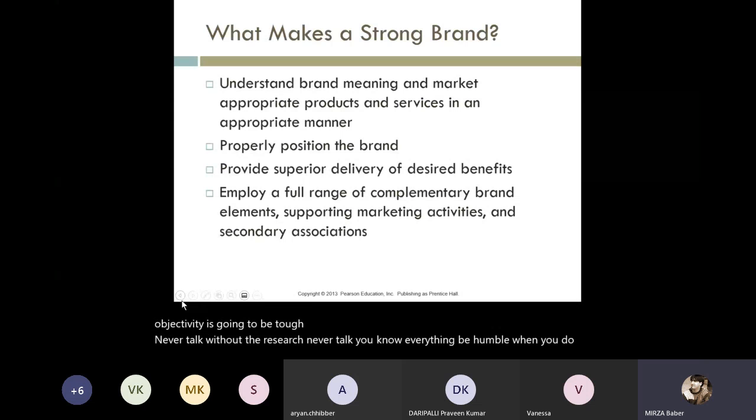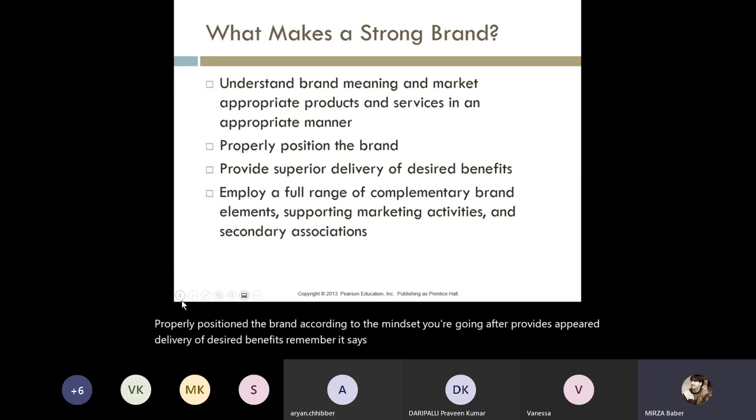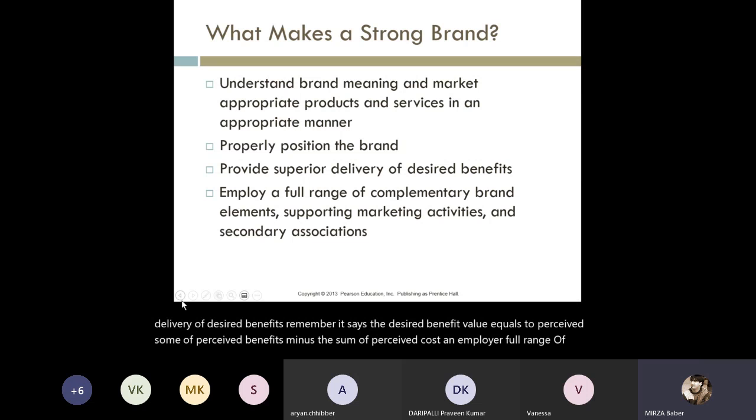Properly position the brand according to the mindset you're going after. Provide superior delivery of desired benefits. Remember, it says desired benefit. Value equals the sum of perceived benefits minus the sum of perceived cost. Okay? And employ a full range of complementary brand elements supporting marketing activities and secondary associations.